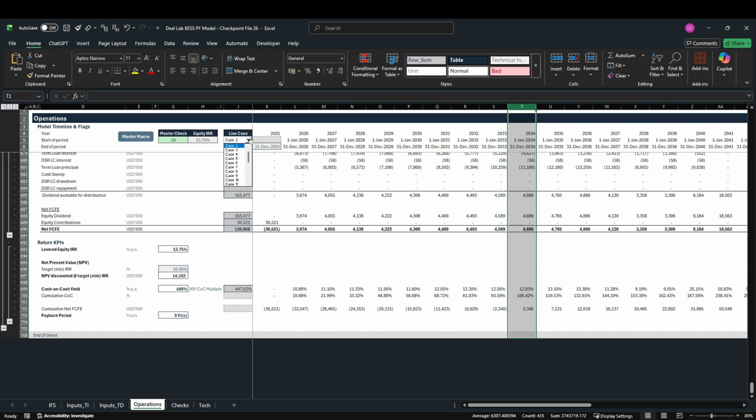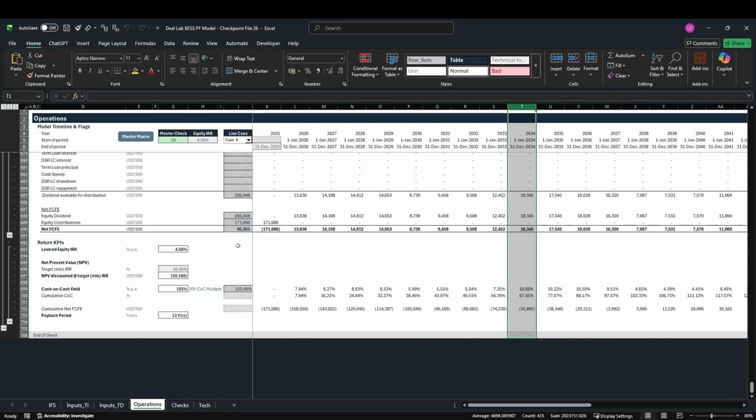Now let's flip back over to our case 11 and see how long it takes to get our money back here. Hit the master macro. And what you will notice is that our NPV is negative, but we still earn more money than we put in. So the initial investment is $170 million and we get 266 million back, which basically means that for each dollar invested over a period of 20 years, we get $1.55 back.